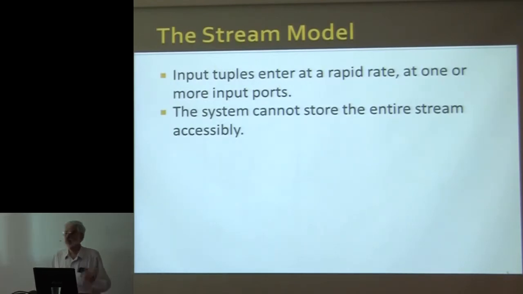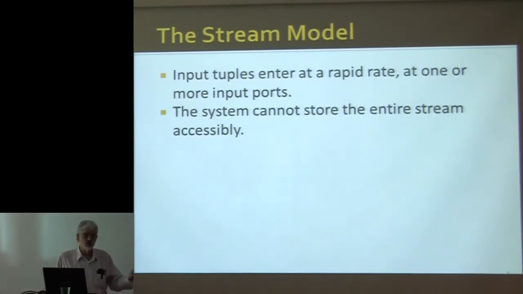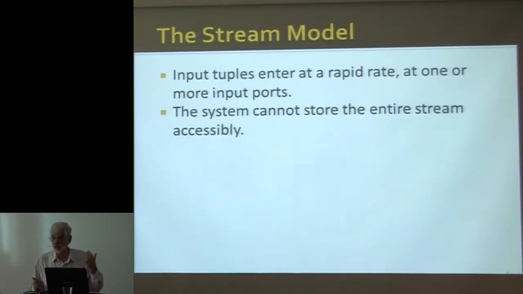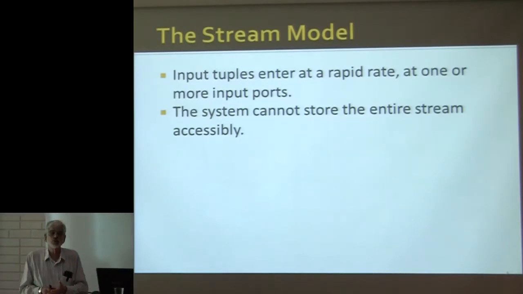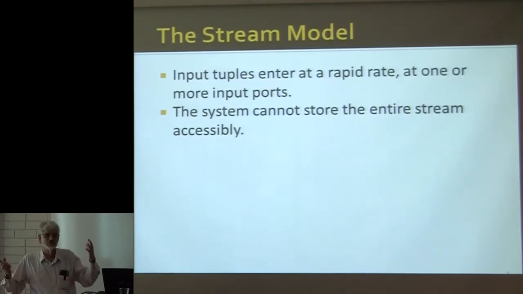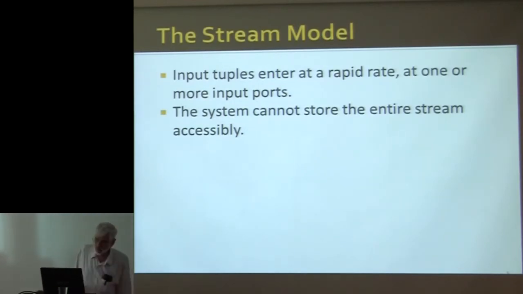And we assume that the data is coming in so fast that you can't store all the data in a way that makes it easily accessible. Maybe you can store it in some kind of archival storage. That's what these systems that handle satellite data do, it's what's called write-only storage. Whatever comes in, you store it away on these big tertiary storage devices, and then nobody can ever see it again.